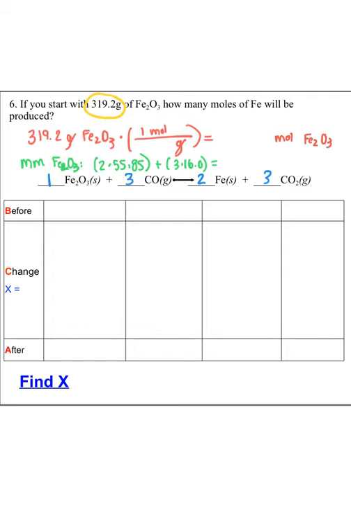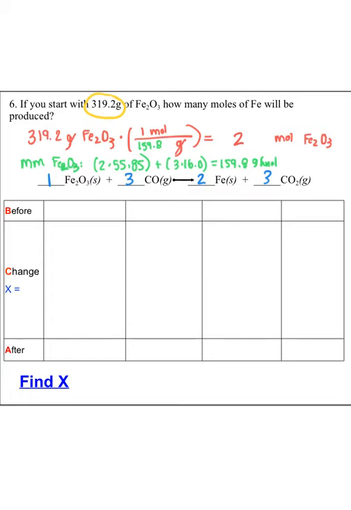Once we multiply 2 times 55.85, 3 times 16, and add those pieces together, I got 159.8 grams per mole, which is the molar mass. So what that means is 1 mole is equal to 159.8 grams. So in my calculator, I take 319.2 times 1 and then divide that answer by 159.8, and I get 2 moles of Fe2O3.